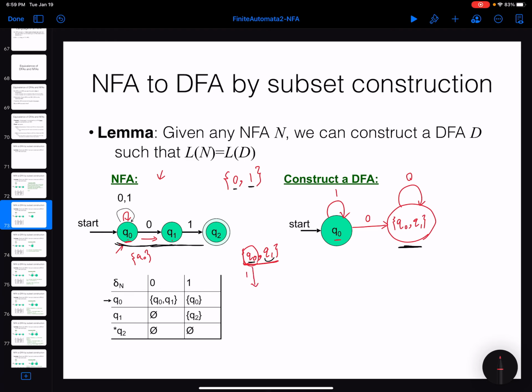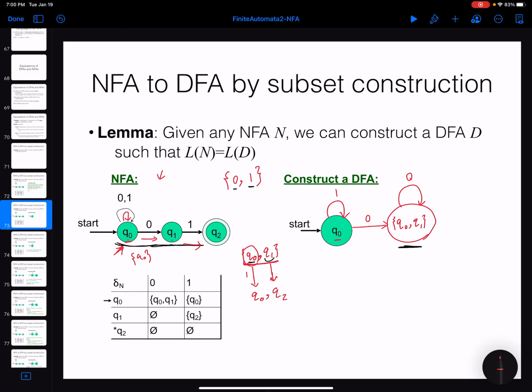Okay, so you can see that at Q0, by seeing a 1, you will stay at Q0 in your NFA, right? If you are at Q1 and you see a 1, you will go to Q2. So I will actually get the union of all of these possibilities.